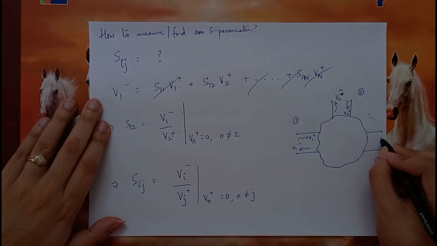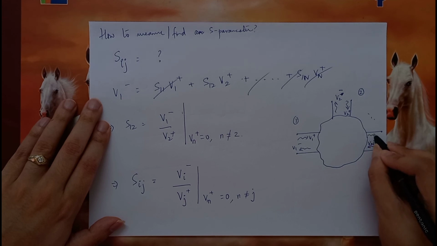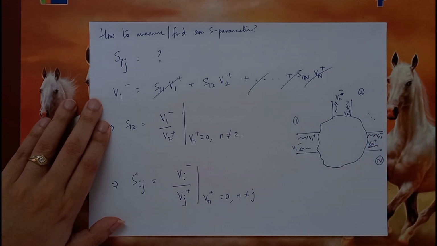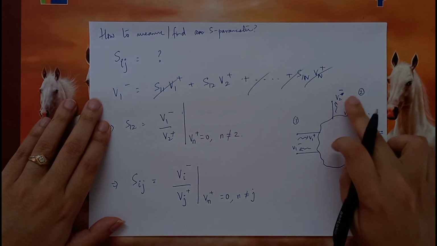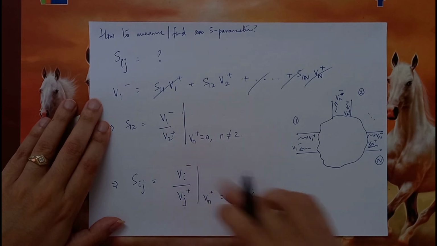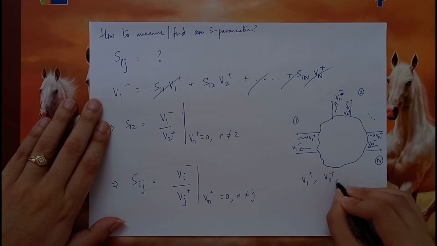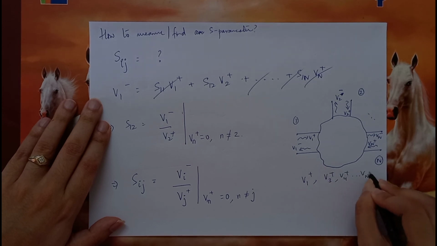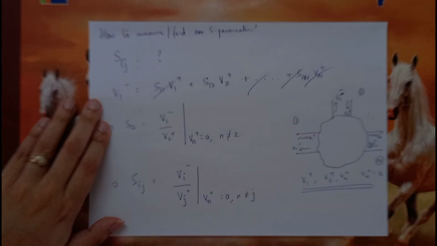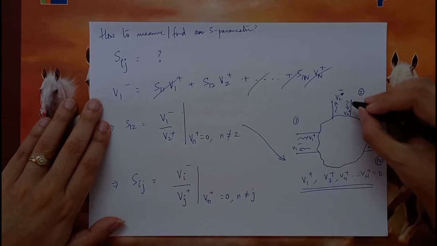So now, if I want to find out S12, I need to make V1 plus, V3 plus, V4 plus, all the way to Vn plus all 0. For S12, we need to make all of these 0 except V2 plus.